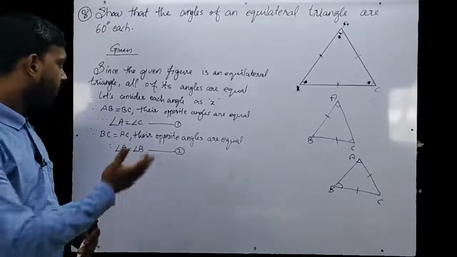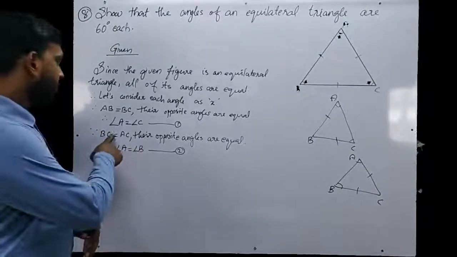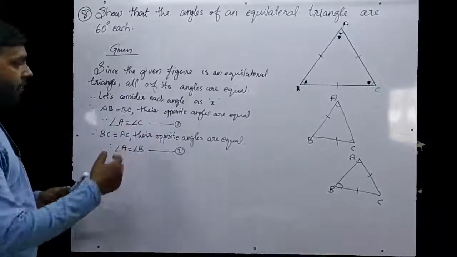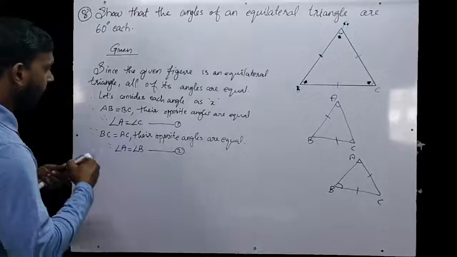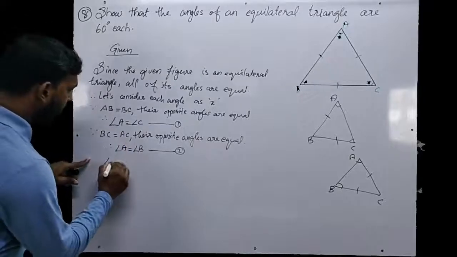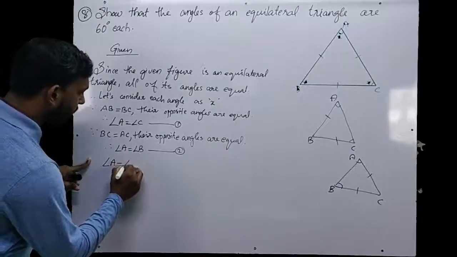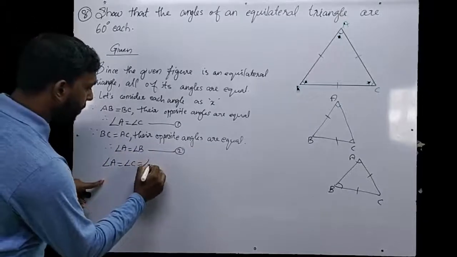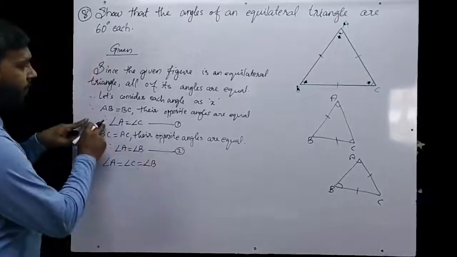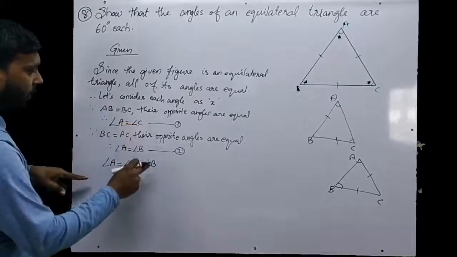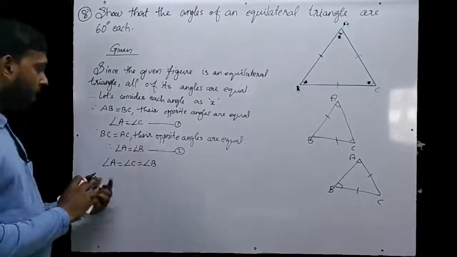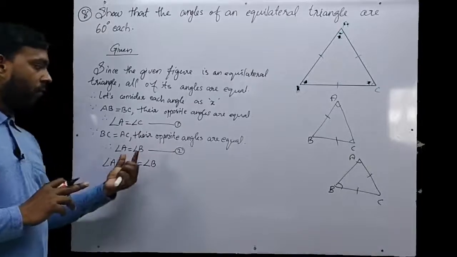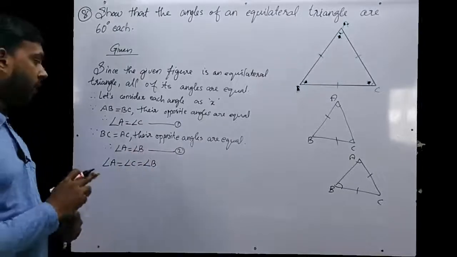Now let's compare these two equations, equation number 1 and 2. When we compare, we see that angle A is equal to angle C, and again angle A is equal to angle B. That means angle A is equal to both angle C and angle B. Three angles are equal.